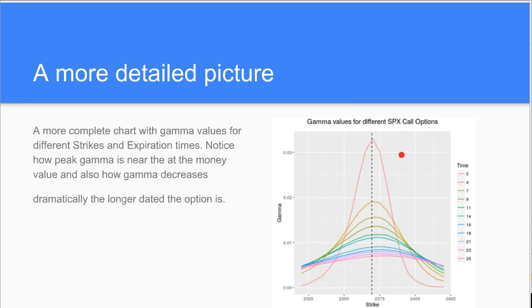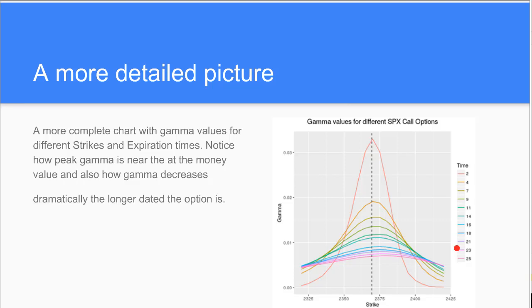Notice that gamma is more plentiful on the strikes that are really near the money. Notice how it doesn't matter what expiration we are looking at. We can see that gamma is very high around that point. In fact, it's probably the highest peak of the whole gamma profile. So just keep that in the back of your mind.